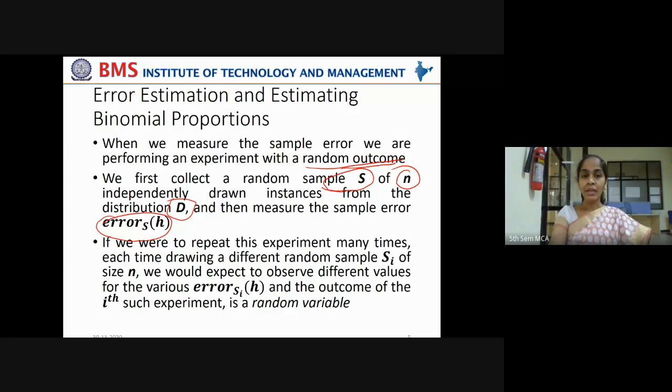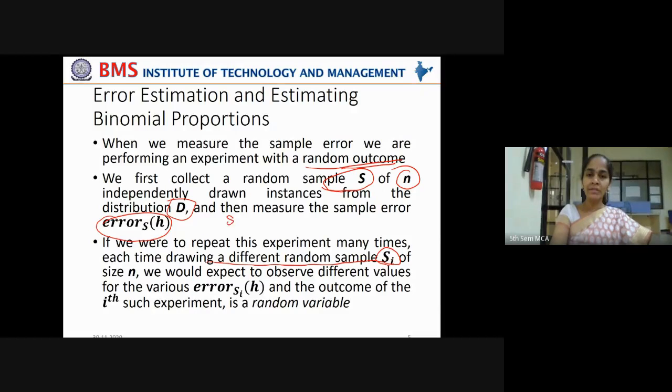each time drawing a different sample Si, you're not sticking to the same sample. Whenever you're carrying on this experiment many times, in each experiment you're taking a different random sample. Each experiment again contains n data points, or n instances.